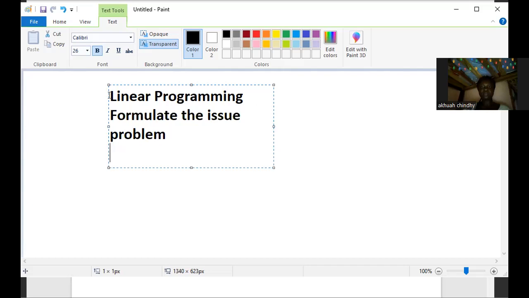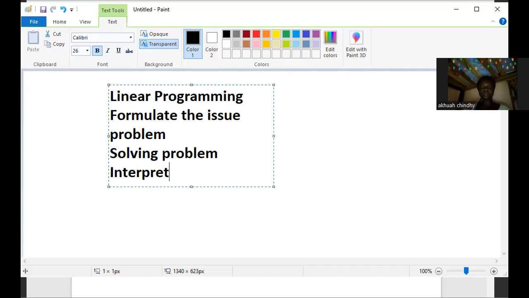The other one deals with solving the problem. That's coming up with a decision, right? We solve problems to make our lives better, right? So the second step is to solve the problem, and the last step is to interpret the problem.